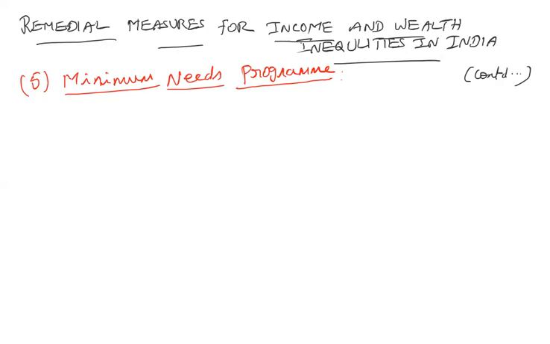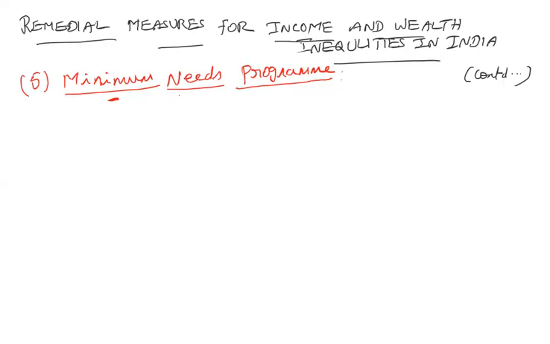So some economists argued for separate programs so that the benefits of economic development would reach even the poorer sections of the population, who did not have even the basic facilities required for survival. They suggested that the government should directly provide these minimum needs to the poorer sections of the population all over the country.